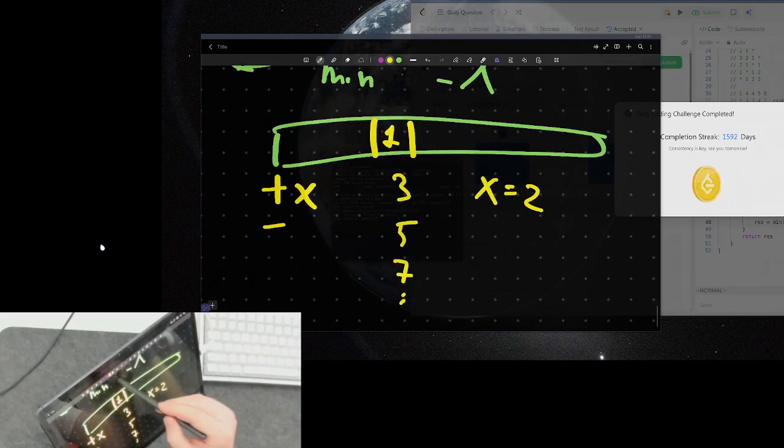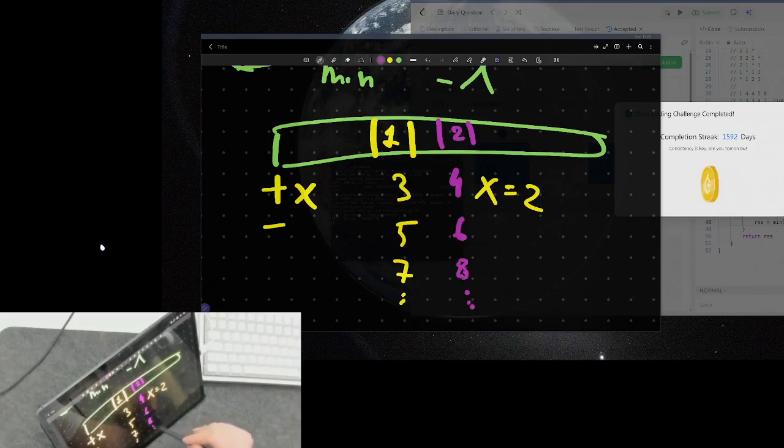And if we have number 2, then we can make number 4, 6, 8, and so on. It's obvious that the sequence 1, 3, 5, 7 doesn't match with 2, 4, 6, 8. It doesn't match at all, and that tells you something.